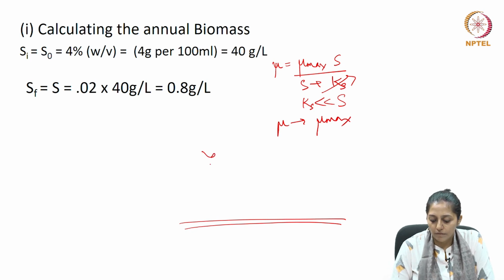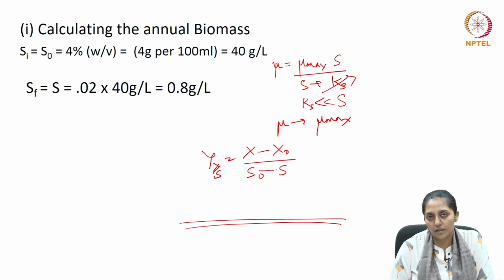Now, we know Yx/S equals x minus x naught divided by S naught minus S, where x naught and S naught are the initial biomass and substrate concentrations.